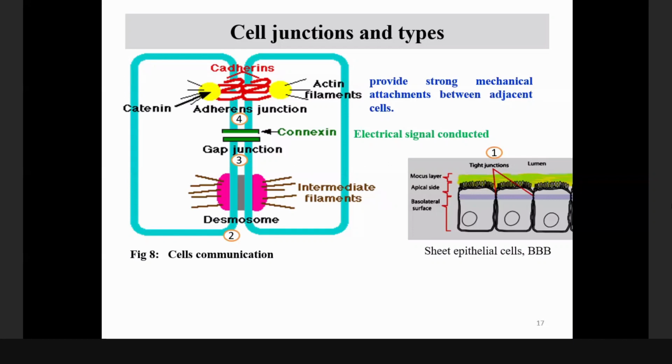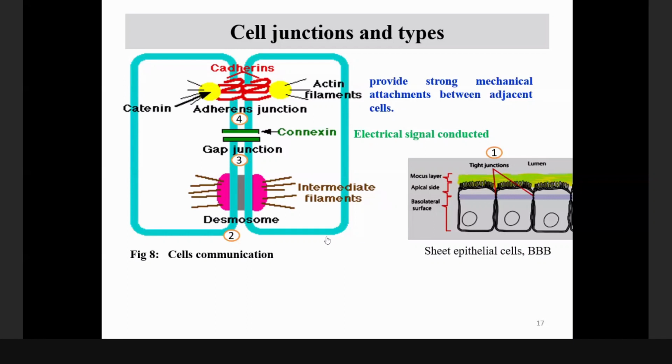The next is called the desmosome junction. The desmosome junction is made by intermediate filament proteins. You can have such proteins in two cells that need to communicate with each other. So if two adjacent cells are connected with intermediate filament proteins, that junction is called a desmosome junction.